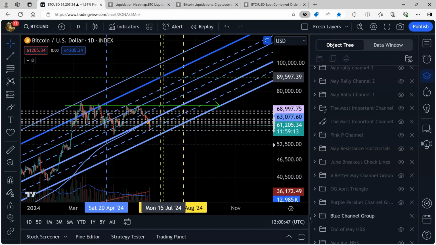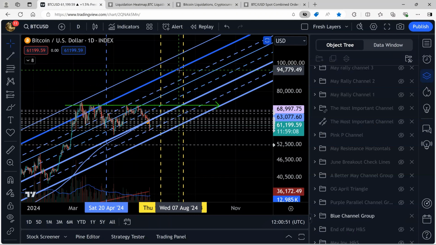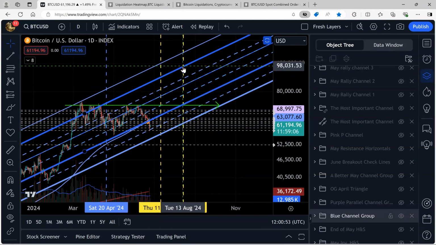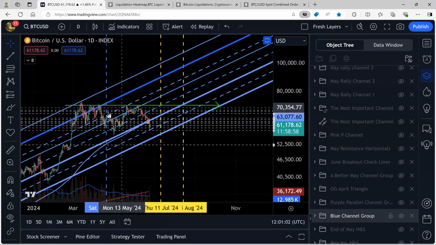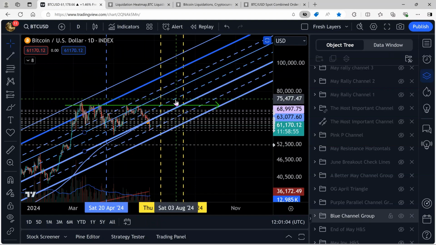And see now it's getting higher and higher, 90,000. Where's 100,000 at? That'll be in August. In August we could be at 100,000. We just got to break this green resistance right here.